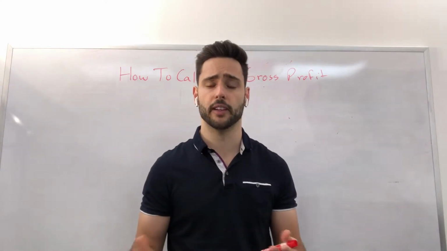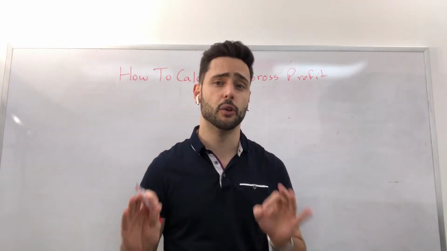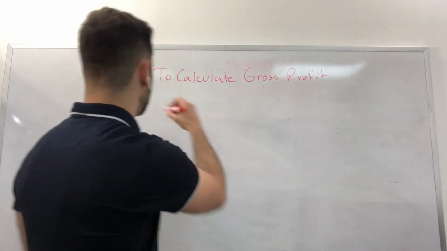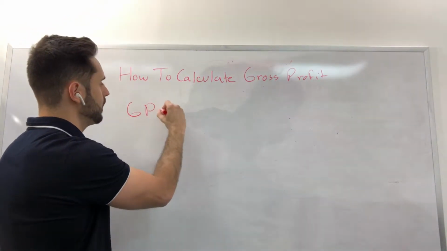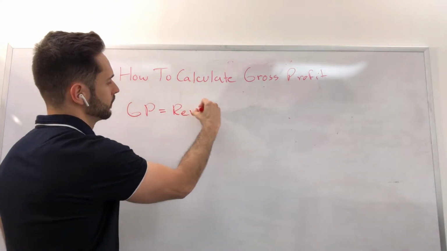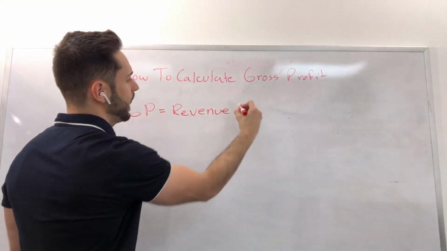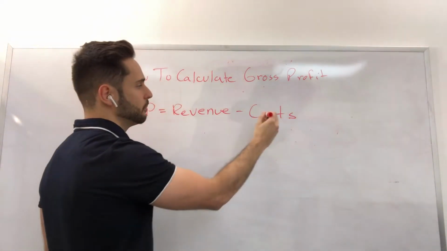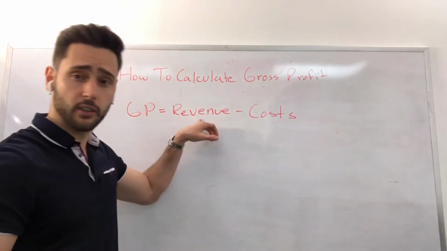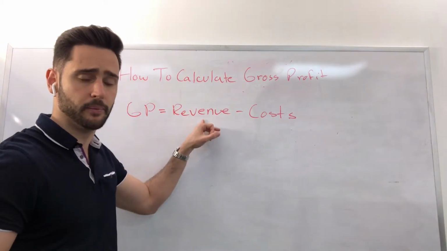So what is gross profit? Gross profit is something that's super simple to calculate. Gross profit, let's call it GP, equals your revenue minus your costs. Now it's important to understand this is the revenue generated by the item that you're thinking about.